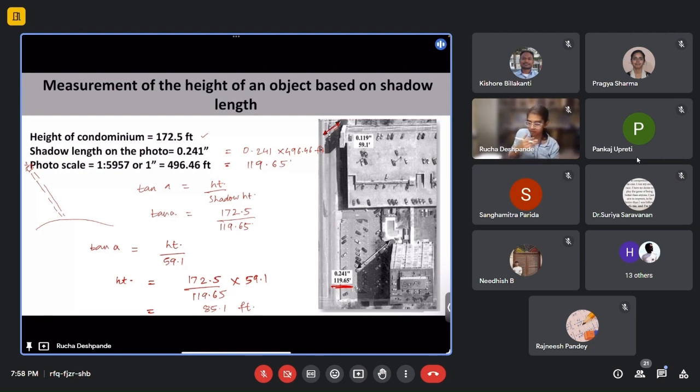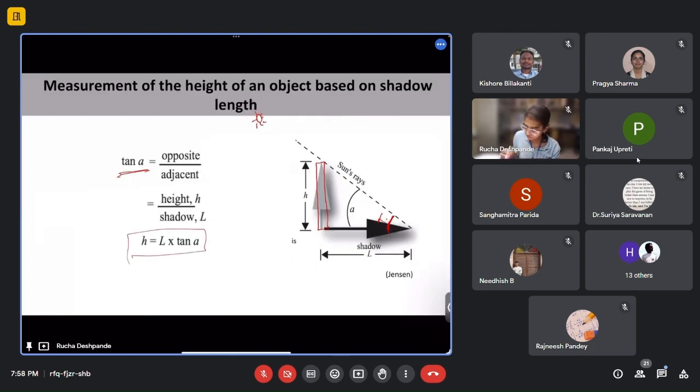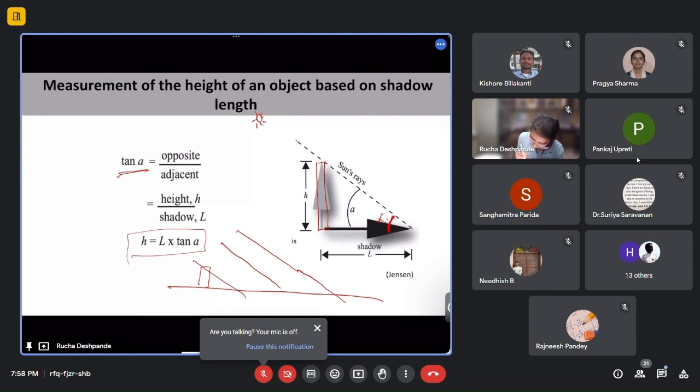So no matter where your object is, if your object is here, if it's here, if it's here, this angle will be the same everywhere.